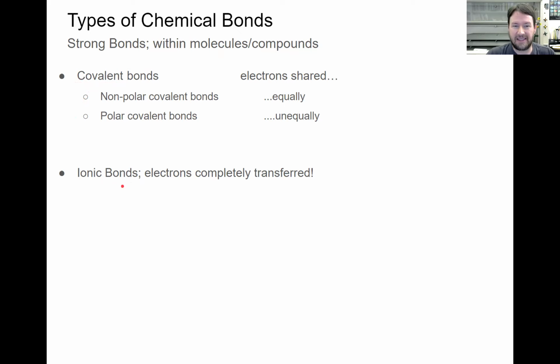Ionic bonds means that these electrons are completely transferred, like I was talking about with chlorine and sodium. And that forms 2 ions that are electrically attracted to each other, so it forms an ionic compound. So that's not really a molecule.